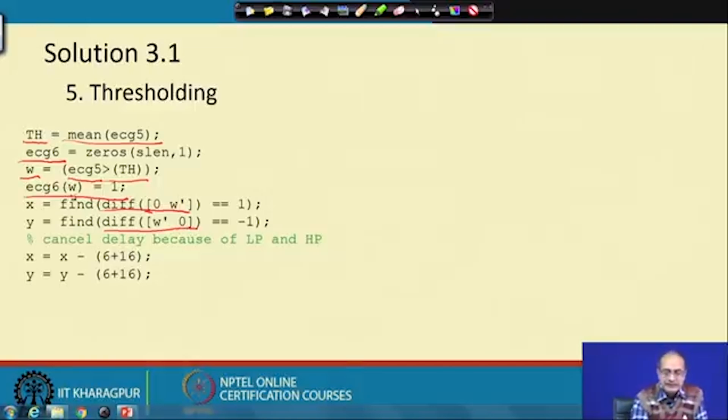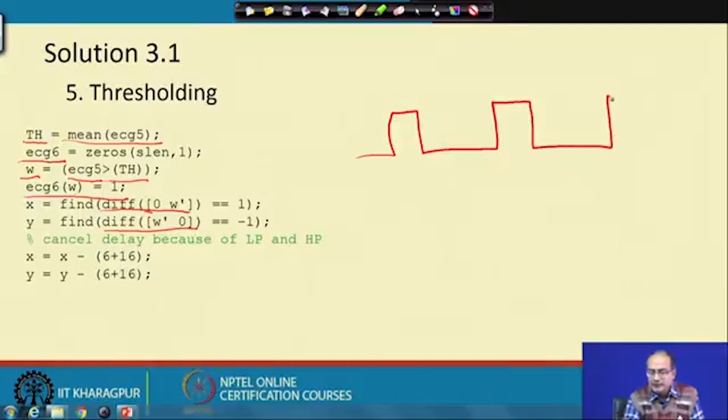Now in ECG 6 what will we have? We will have signals like this at the location of the posts. So, the value here is 1, here it would be 0.